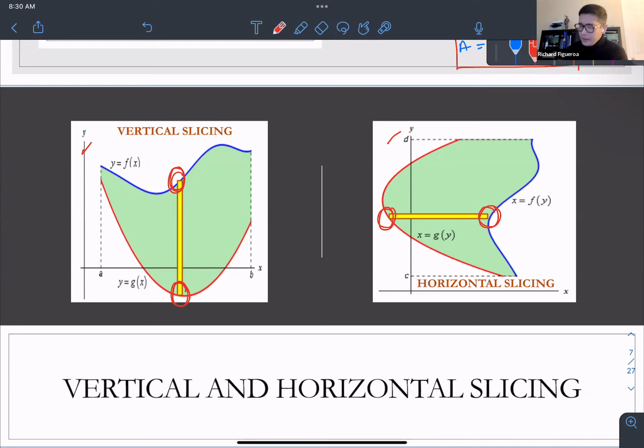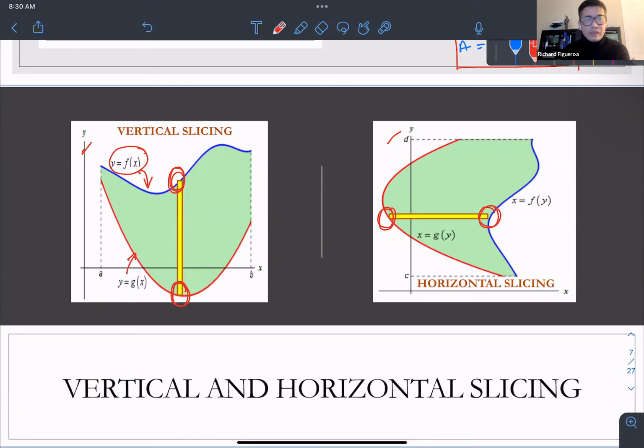So we have one curve, the f of x curve, which is blue, and the red one is the g of x curve. When I say vertical strip, we can use it when there should be no time that the endpoints touch the same curve.